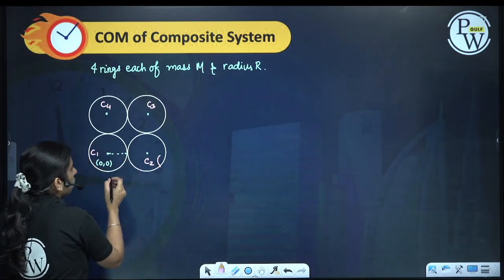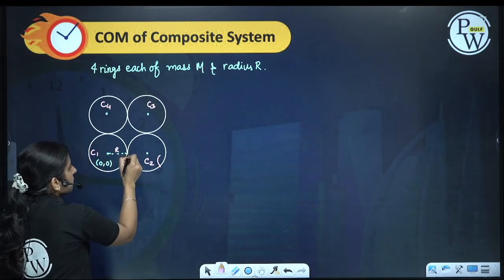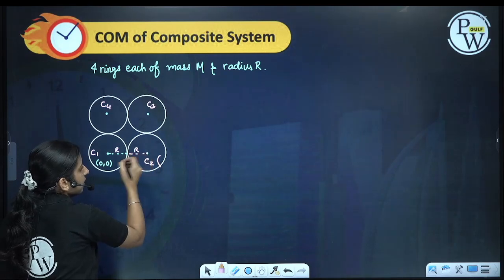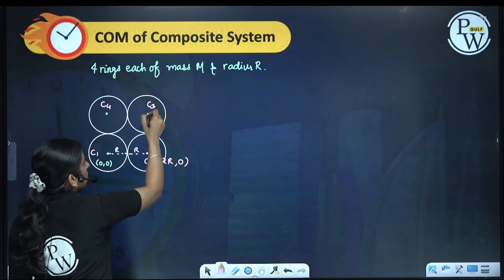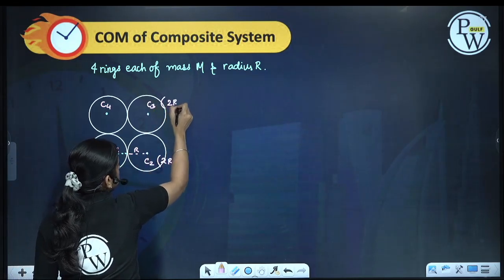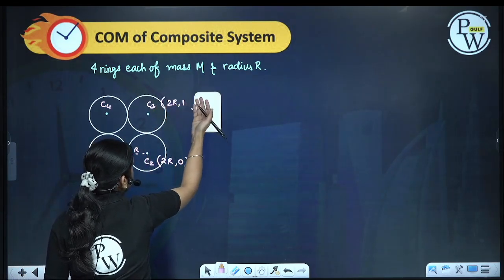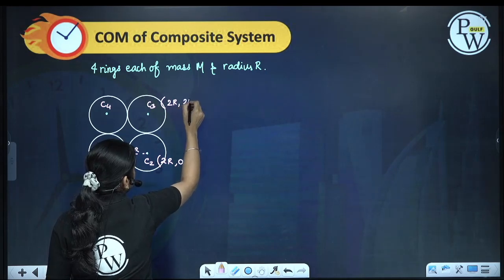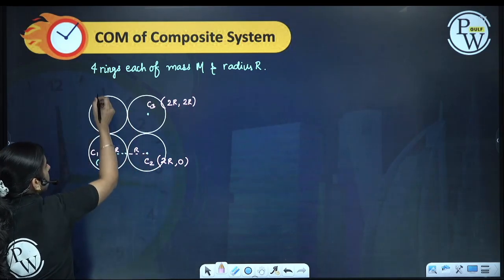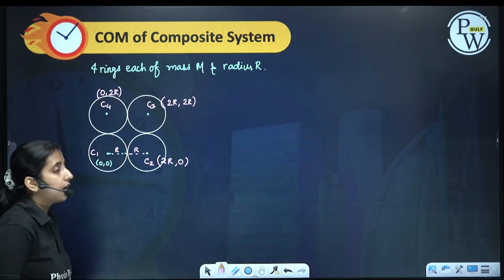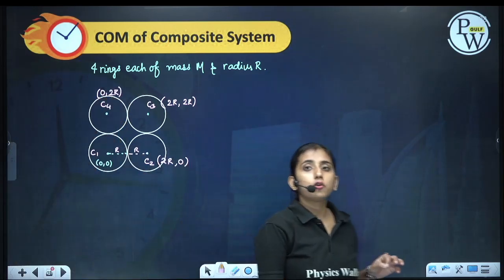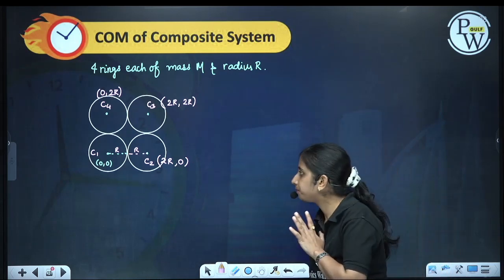What is C2? If r is this radius and r is this radius, it will be at 2r comma 0. C3 will be 2r comma 2r, and C4 will be 0 comma 2r. These are the coordinates of the center of mass of the respective rings.